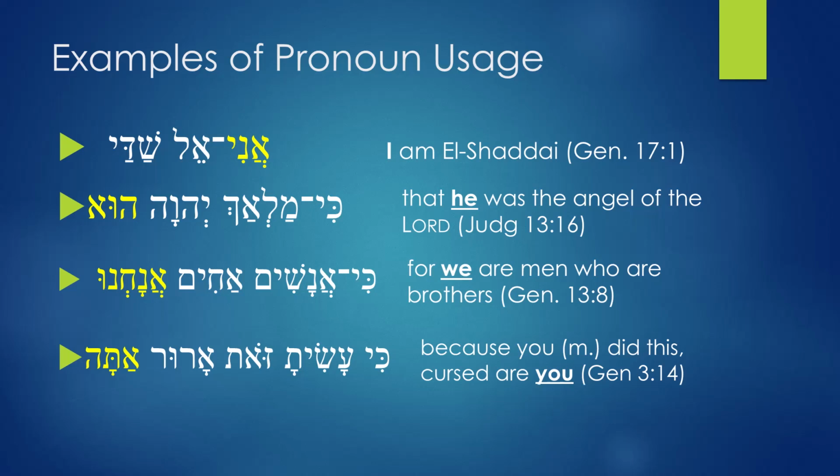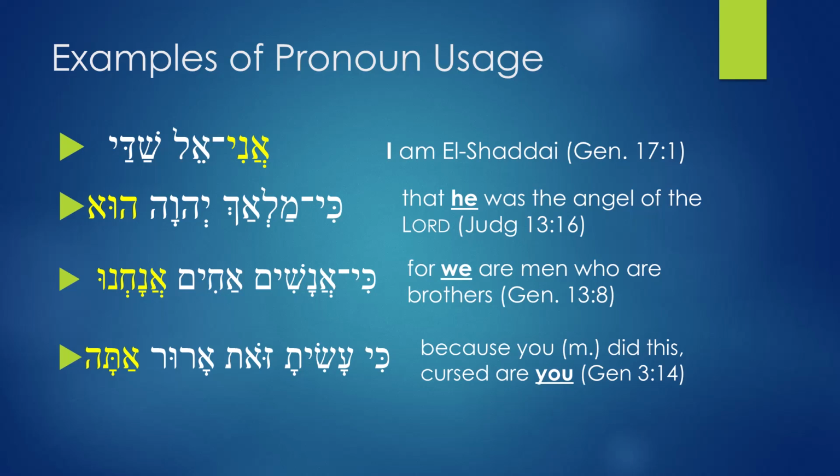Second example is from Judges 13 verse 16. We have this phrase, Ki malach Yahweh hu. Ki means because, or for. If you remember the vocabulary, we looked at this word. Ki means for, or because, and sometimes it means that, depending on the context, especially in the Bible.